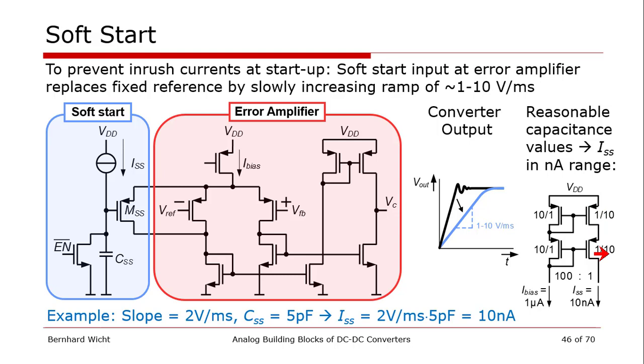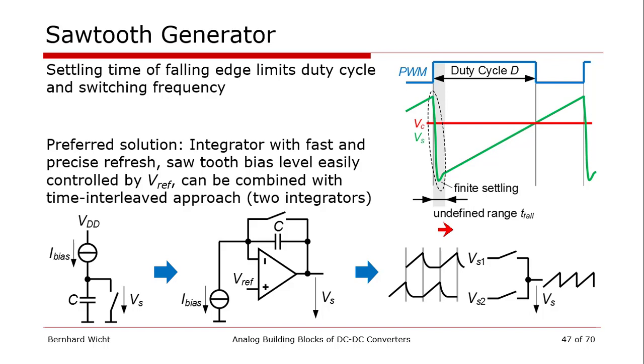So it's a very odd current mirror, 10/1 and 1/10, but it works. There's quite a large spread, but usually the specifications allow quite a range for this startup, as long as our ramp is in the range of 1 to 10 millivolts per millisecond. So that's one little detail on soft start.